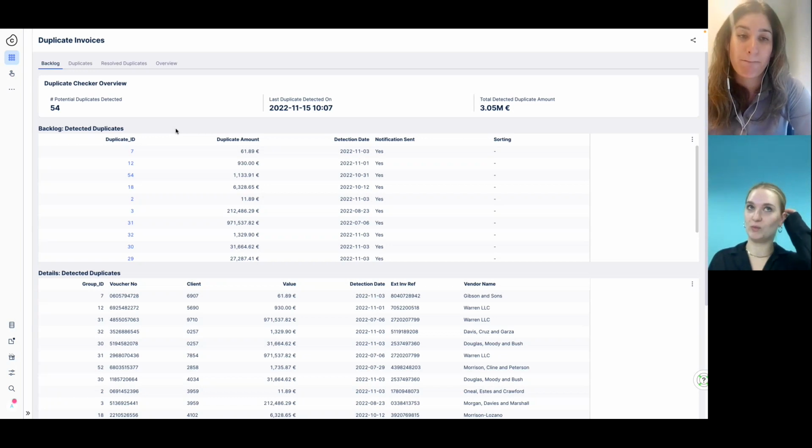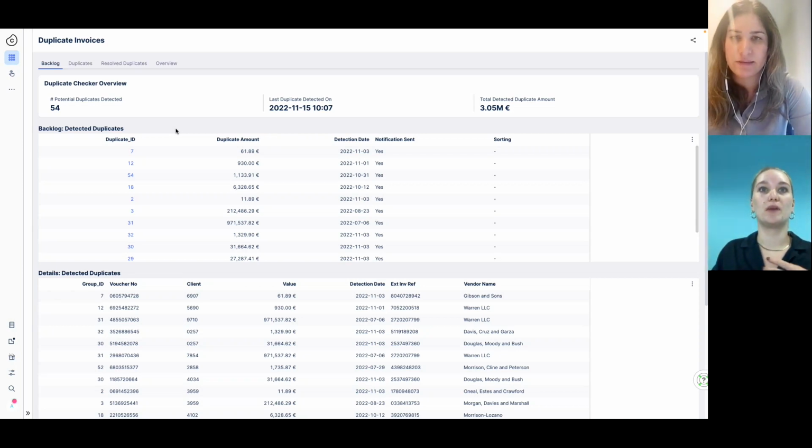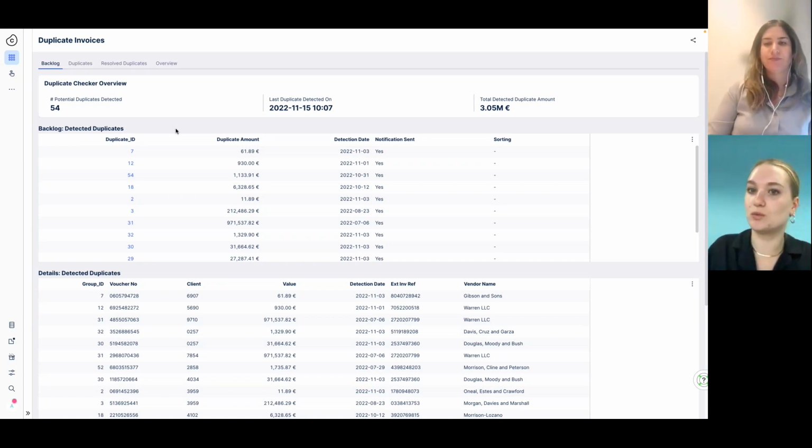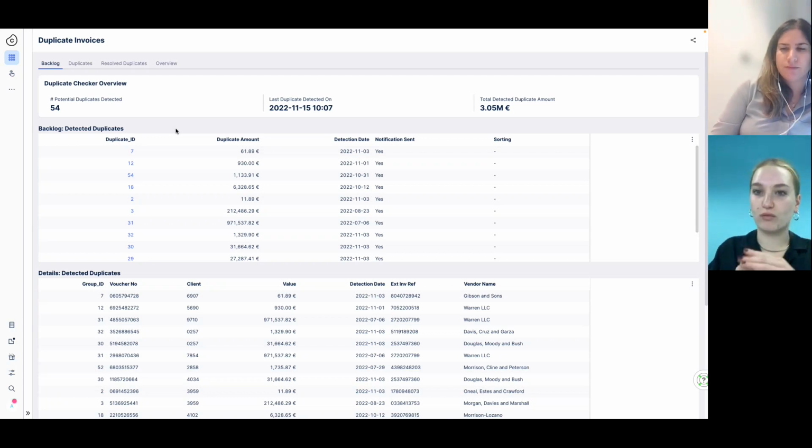Yeah. So within Celonis, there's a possibility to implement a so-called machine learning duplicate checker, where basically we query the data from your system and scan for duplicate invoices. And whenever 2 invoices are found that have the same amount, the same invoice reference, and basically match on different fields, it is detected and flagged as a potential duplicate.